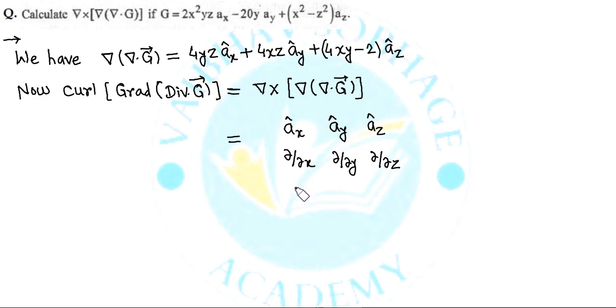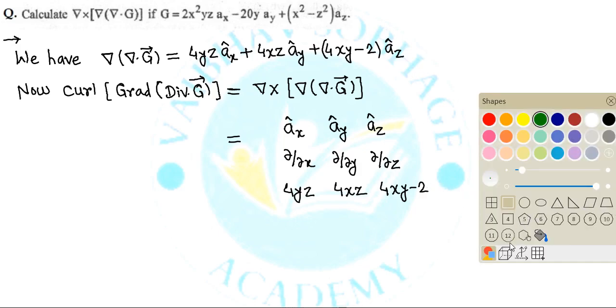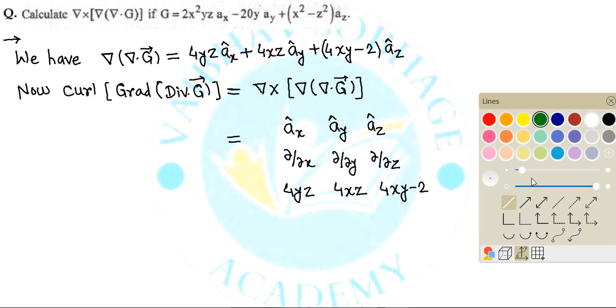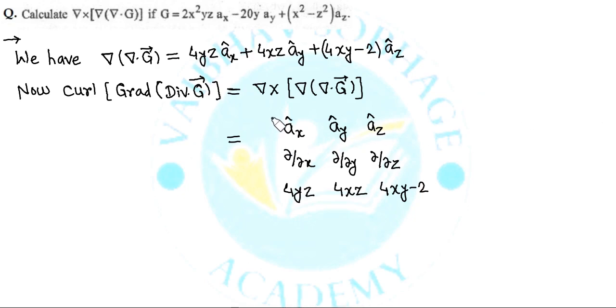The magnitude along the x direction is 4yz, along the y direction is 4xz, and along the z direction is 4xy minus 2. We are going to find its determinant in that direction.